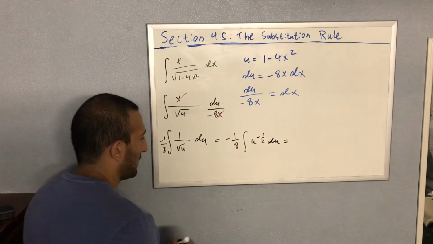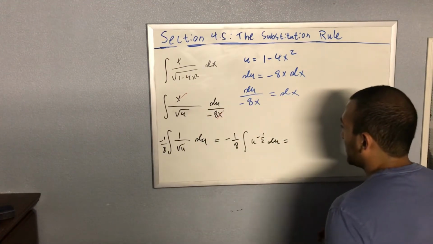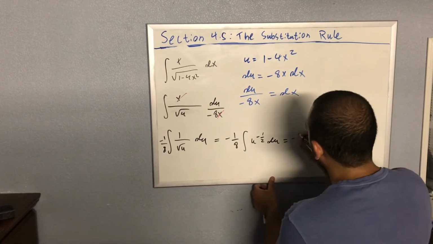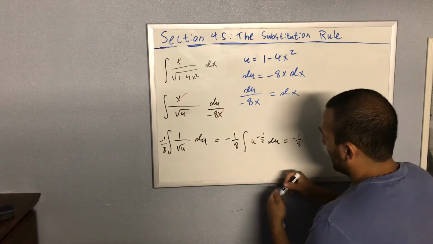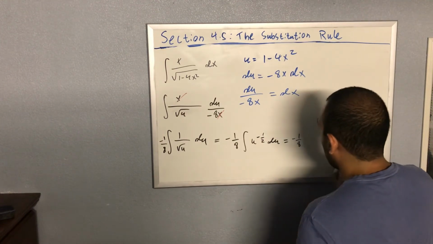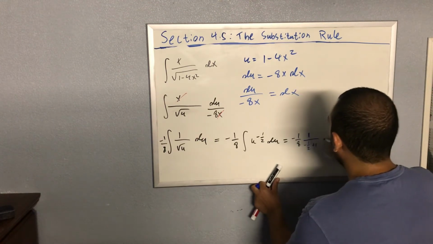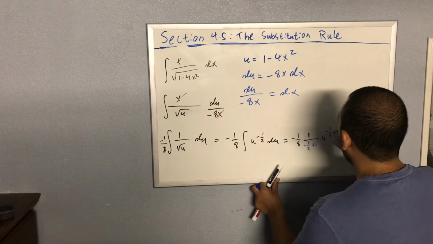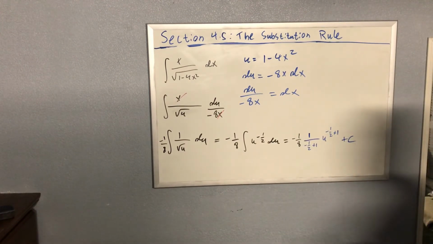And then again, you want to use the power rule here. So this is negative 1/8 times, now you're going to multiply by 1 over negative 1/2 plus 1, u to the negative 1/2 plus 1, and then plus c. Okay?